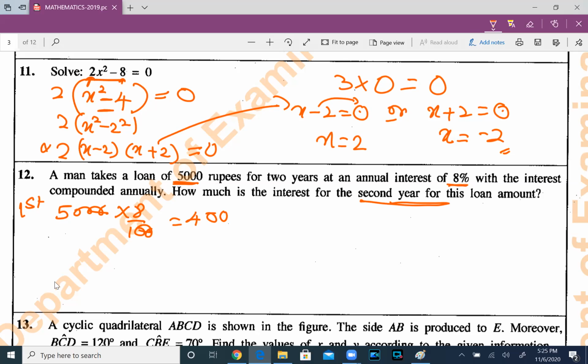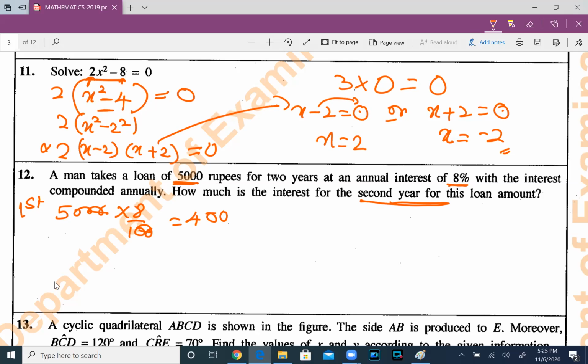But here they have used the word compound interest. Compounded means that at the end of the year, it will be 5,000 plus that interest, which is 5,400.